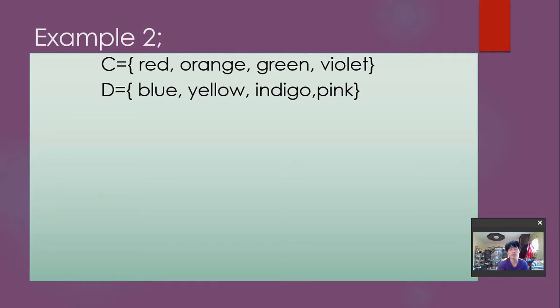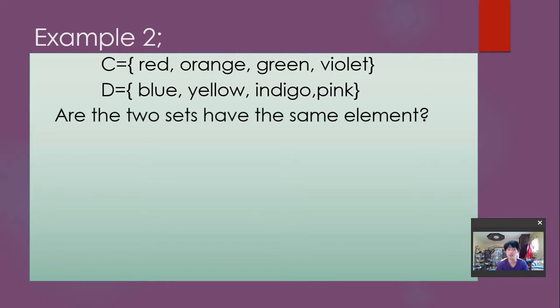So let's have the first question. Do the two sets have the same elements? What is the answer? Is there any red in D? Is there any orange in D? None at all. So therefore, this question is a no.